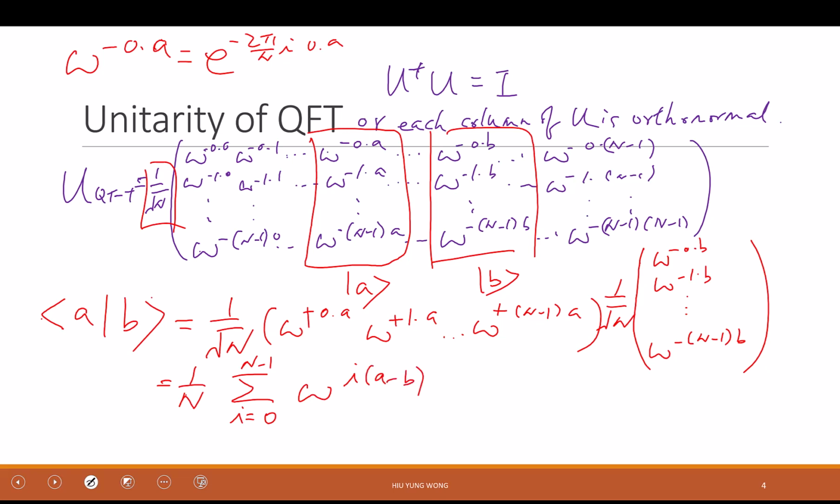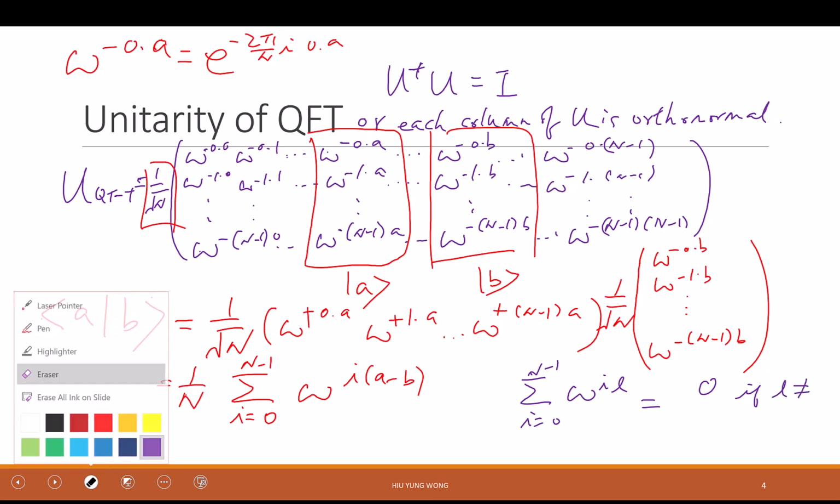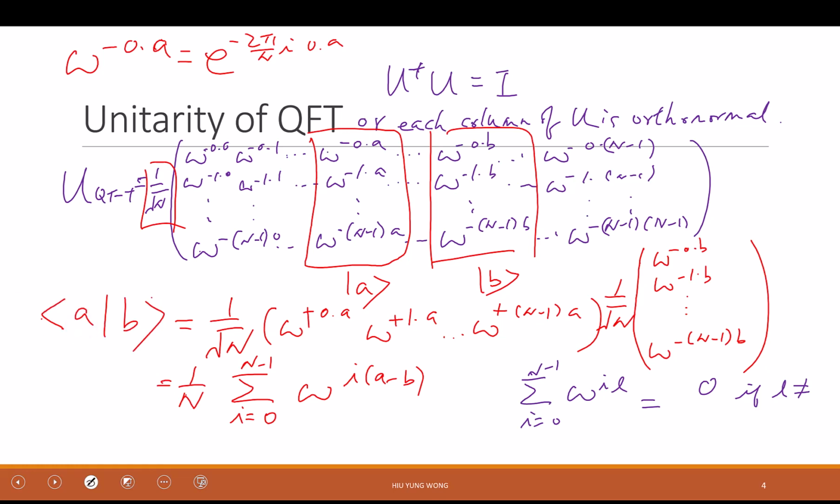Okay, now the equation we learned earlier is useful. Do you remember when we talked about the nth roots of unity? When you do a summation of i equals 0 to n minus 1 of omega to the i, and then you multiply by L, this is equal to 0 if L is not equal to 0, because of the destructive interference.